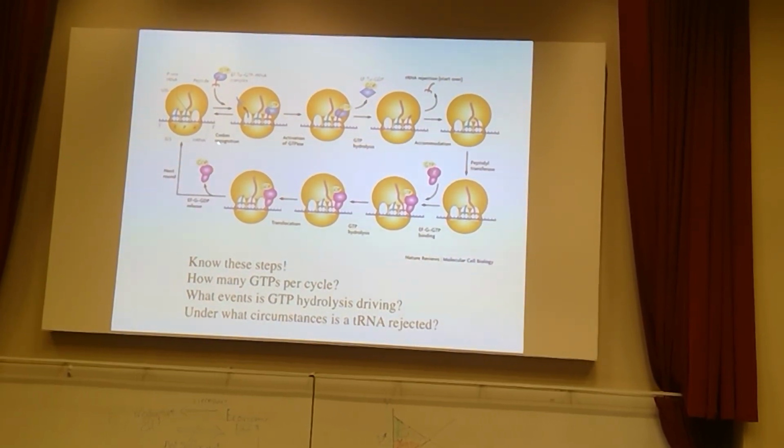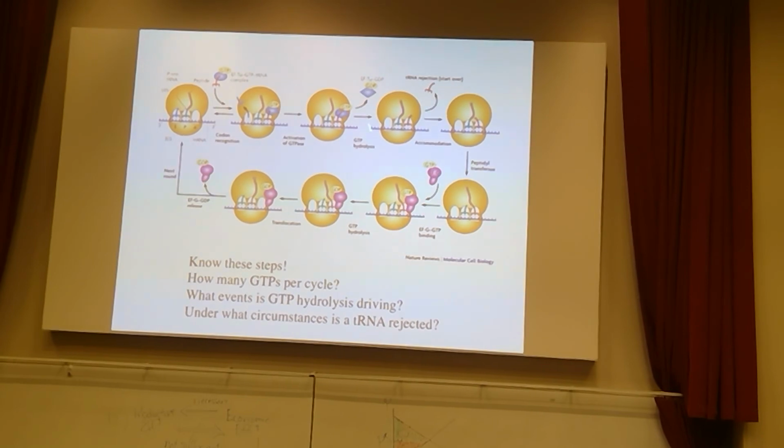The fact that there needs to be codon recognition by an incoming tRNA in complex with EF-Tu. That where there's proper codon-anticodon interactions, there can be activation of the hydrolysis of GTP within that elongation factor.